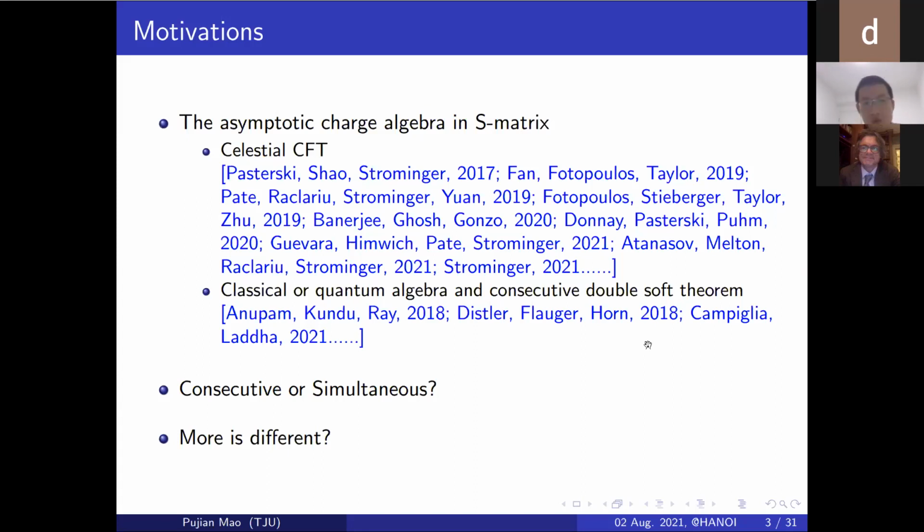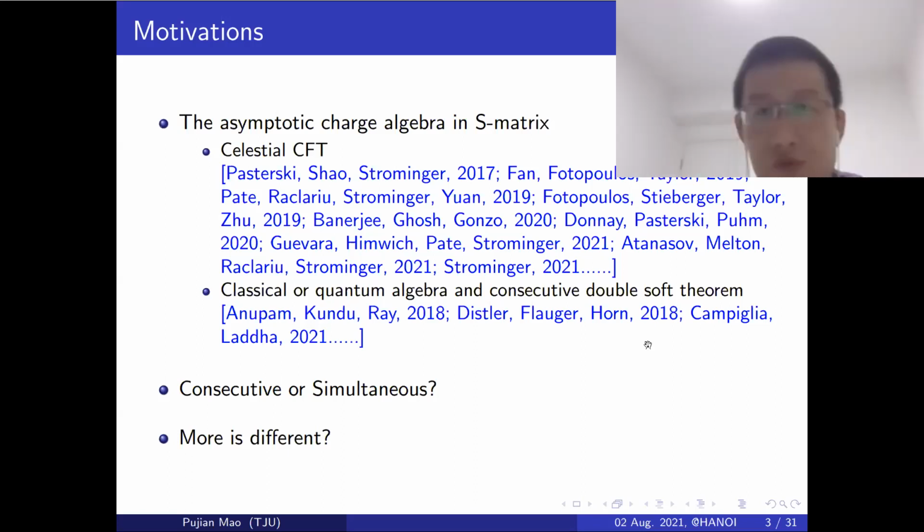I will give more details on this point when I consider a precise procedure. Also, it's hard to really see the time order, I mean which one is taken soft first and which one afterwards. This is very hard to see from asymptotics. And also, you don't get more information than the single soft theorem from the consecutive double or multi-soft theorem.